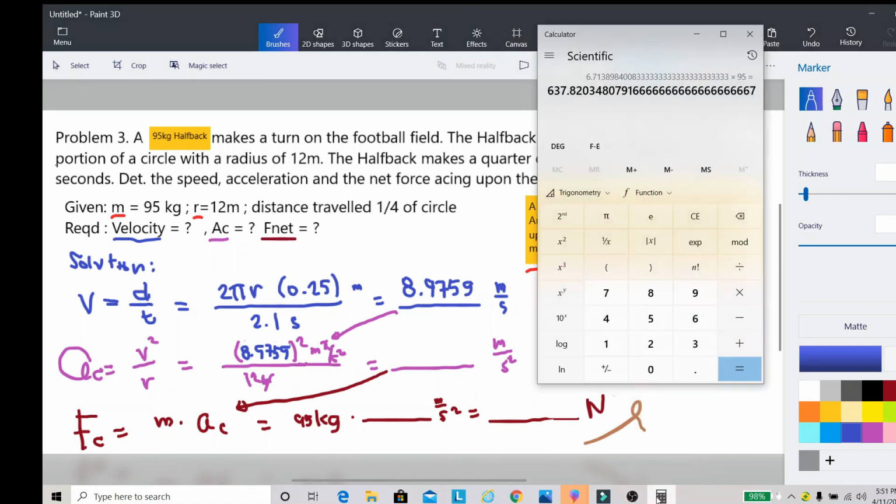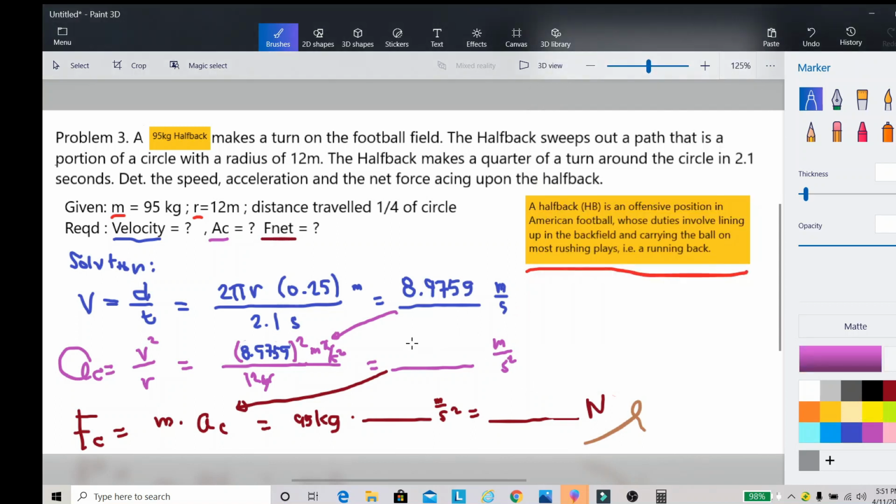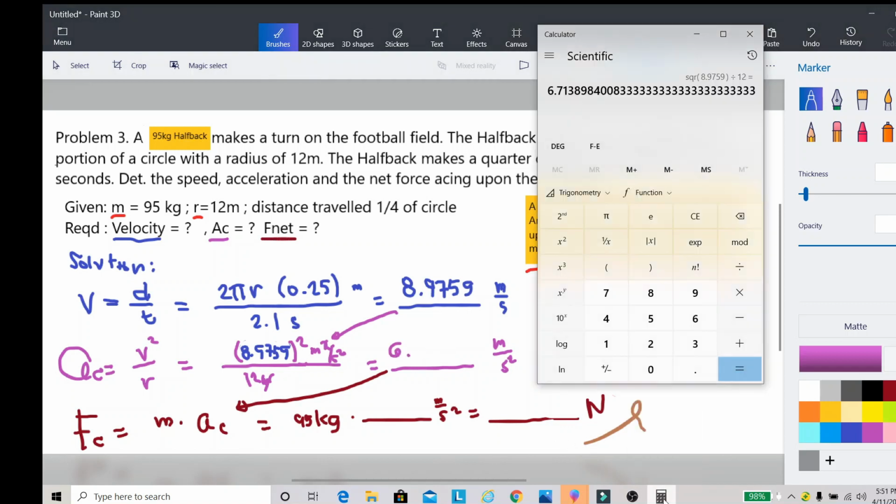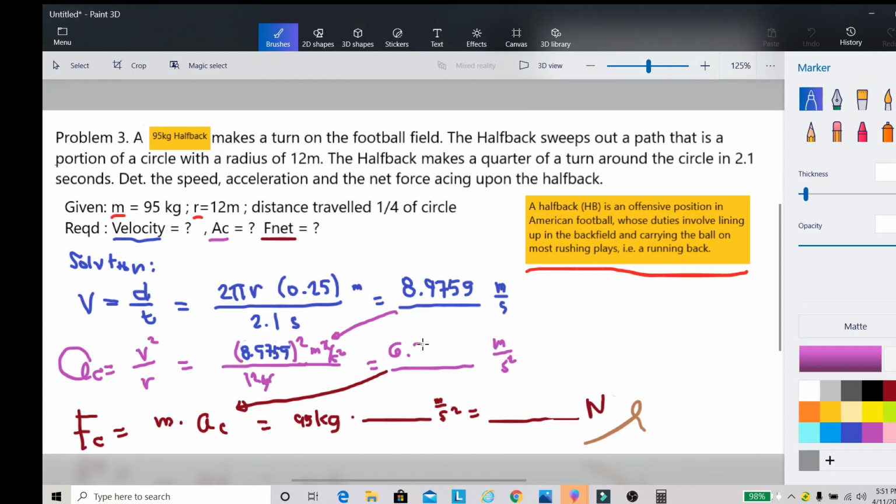So let's grab that calculator. We have 8.9759 squared, and then we divide that by 12. We have 6.7138 meters per second squared.